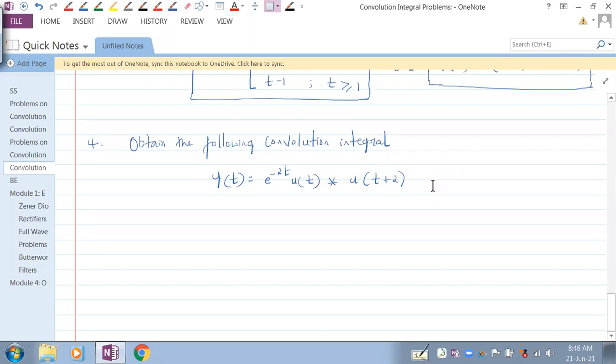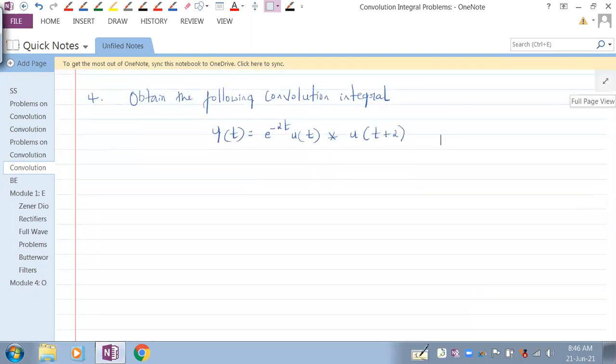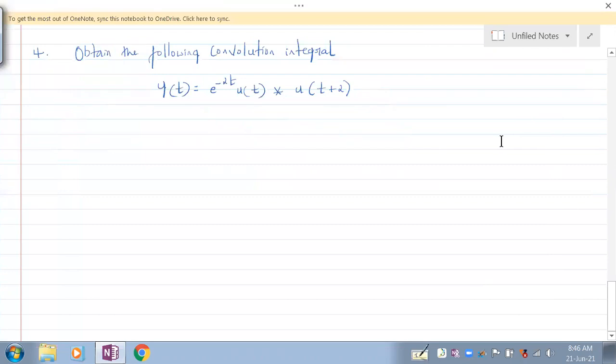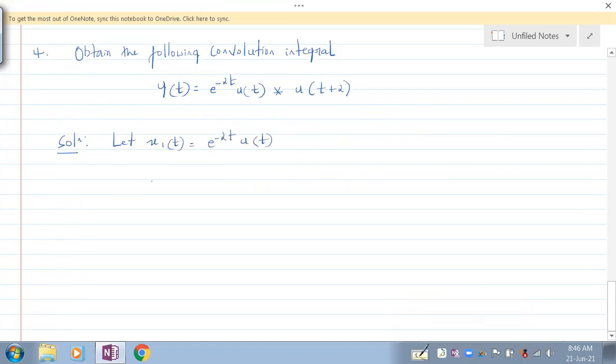As we did in the previous case, let's consider this first signal as x1 of t and the second signal as x2 of t and write the equations. Fine. So let's do that now, everybody. In the solution, call the first signal x1 of t. Let x1 of t be e power minus 2t u of t, and x2 of t be u of t plus 2.